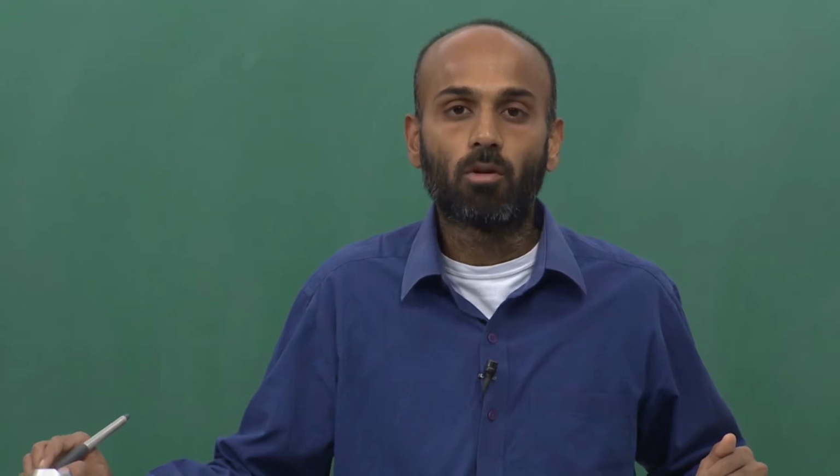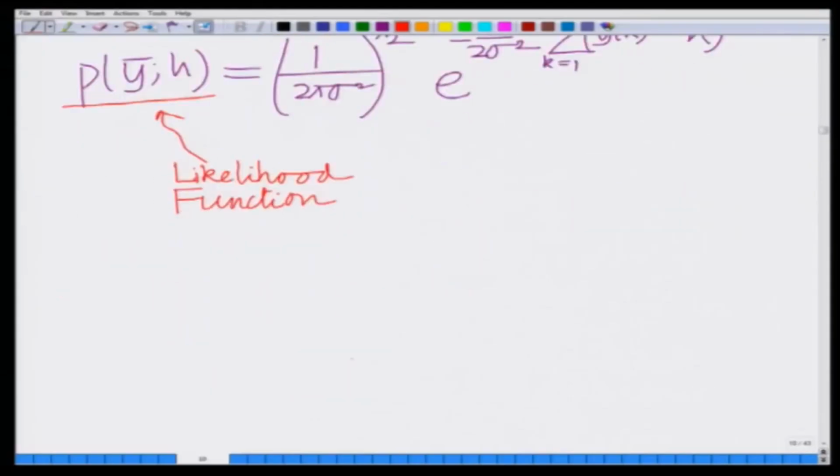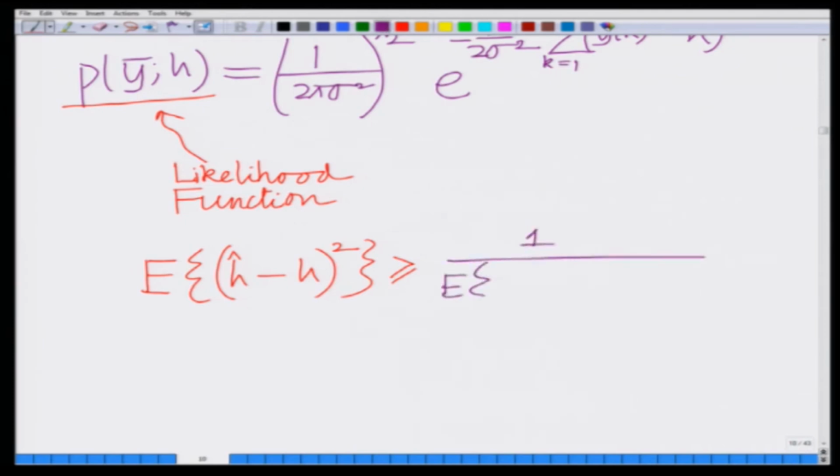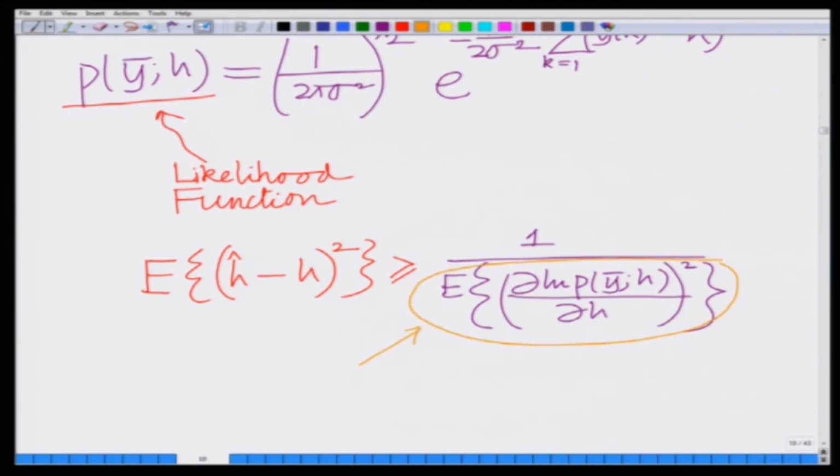Remember, the Cramer-Rao lower bound corresponding to the parameter h is given as: expected value of (h hat minus h) whole square is greater than or equal to 1 over the expected value of the square of the derivative of the log likelihood function. This quantity is nothing but your Fisher information.